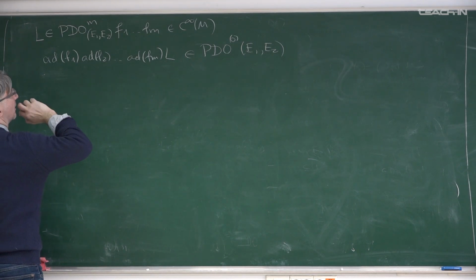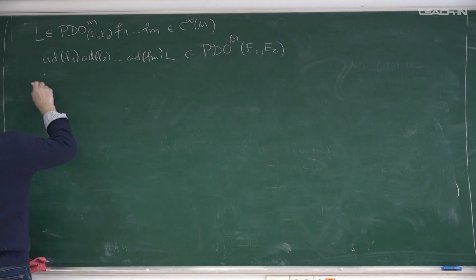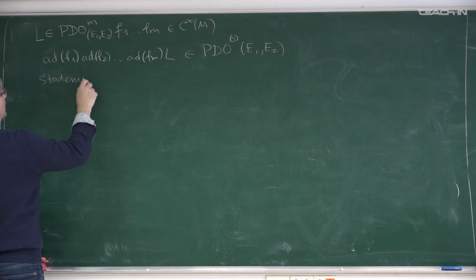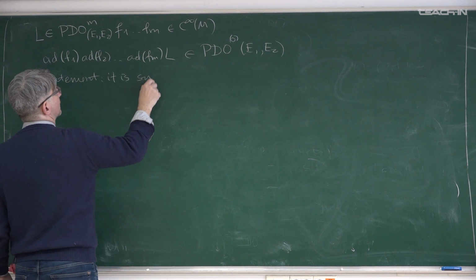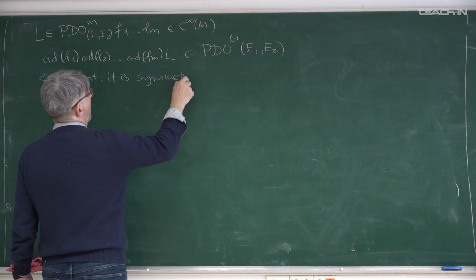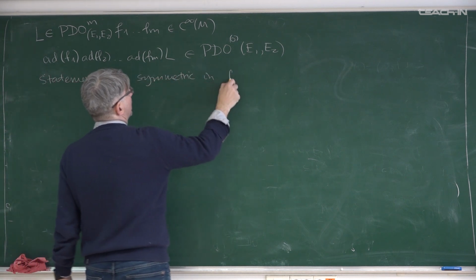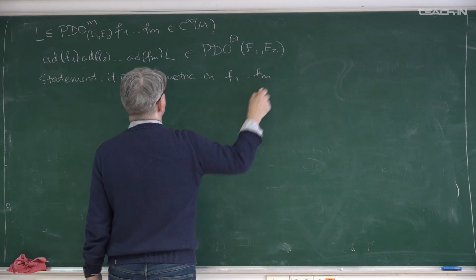What do I want to check? I want to check the statement. It is symmetric in f1, etc., fm.